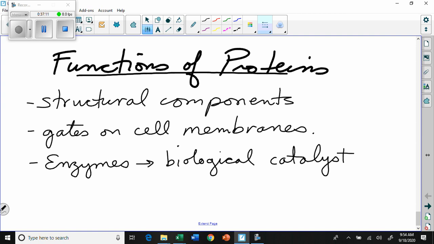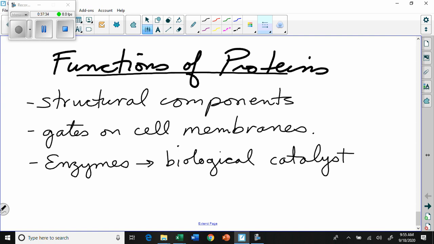But a catalyst in chemistry is something that makes something happen, and it doesn't get involved in the reaction. It's almost like whenever it's around, the reaction happens faster. And when it's not around, the reaction doesn't happen very fast at all. So it's a helper. And we're going to see how it helps later. But it turns out that proteins are super helpers of biological reactions.